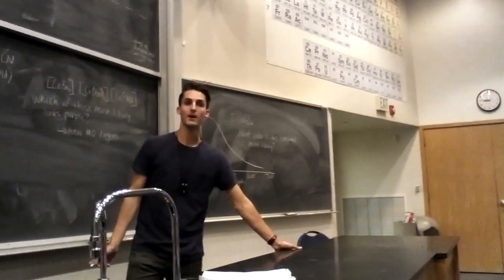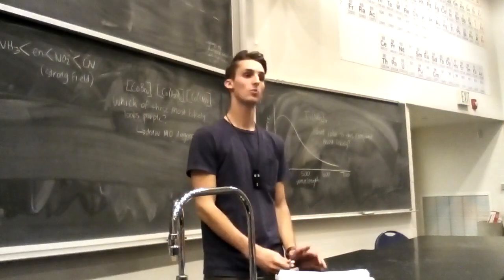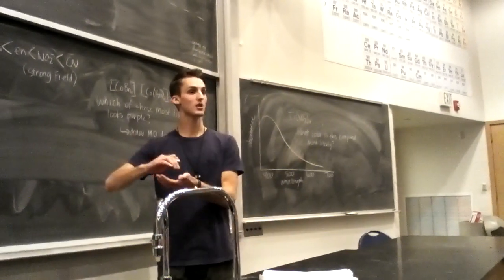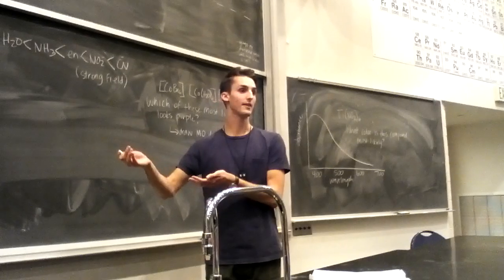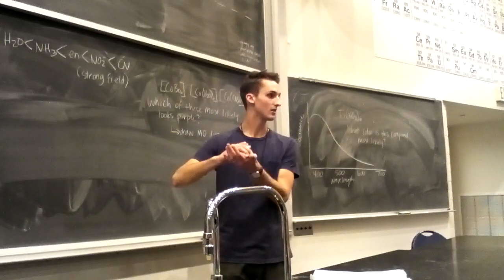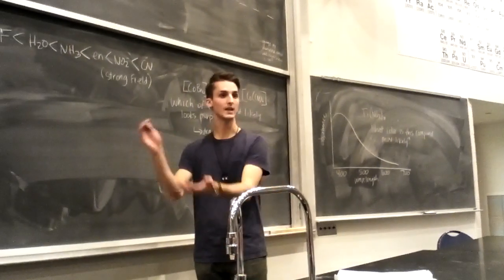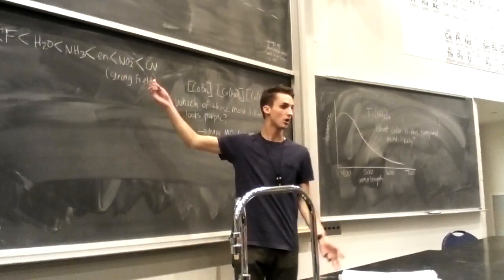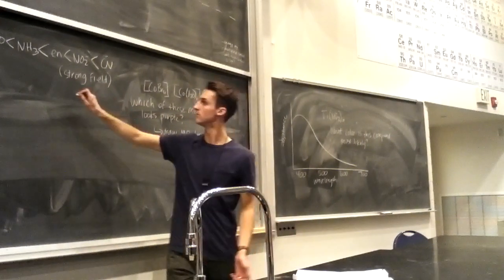So yeah, we're going to talk about electrons. Electrons always want to take the path of least resistance. So we're going to talk about how electrons can either be promoted or pair up with their neighbor as they come in and get attached in these ligand complexes. So strong field is going to be low spin.